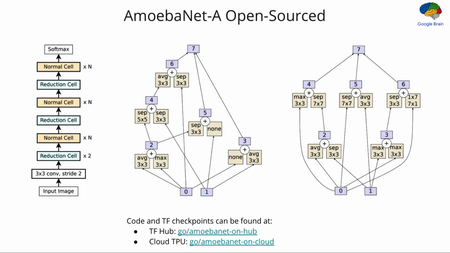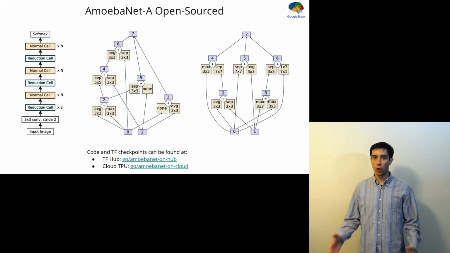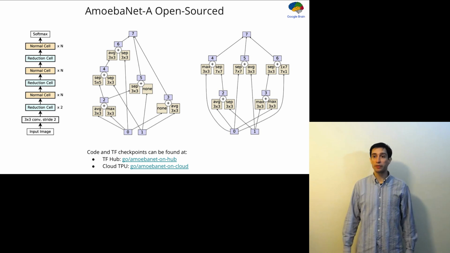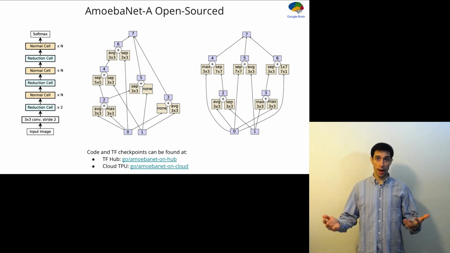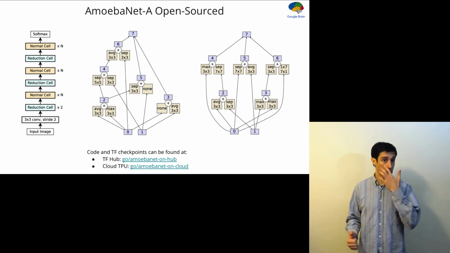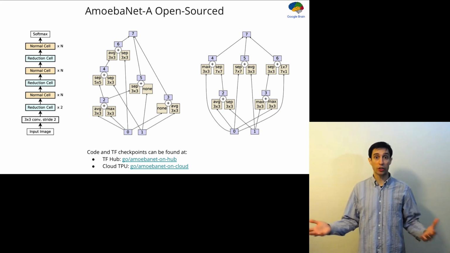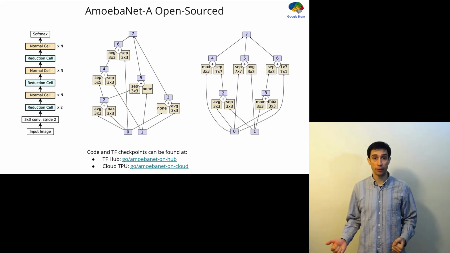This slide shows you the architecture of AmoebaNet A, as well as a couple of links that you can follow to find a trained checkpoint or to get some code to train it yourself. So, in summary, what we have done is we used a fairly natural and simple evolutionary algorithm to do architecture search for image classifiers.